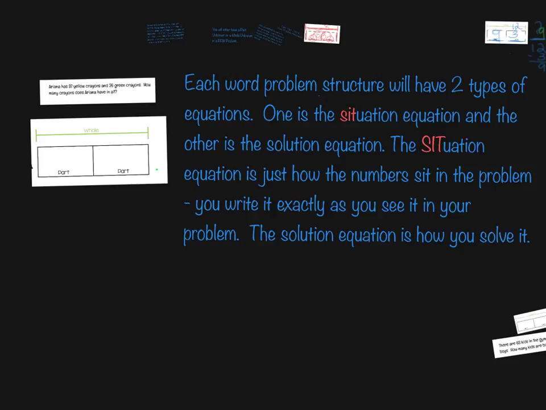Now, the situation equation, you see how Miss Ayala put it in red, the S, the I, and the T. The situation equation is just how the numbers sit in the word problem. You write it exactly as you see it in your problem. And the solution equation is the easy one. That's how you solve it. So you have two equations, the situation equation and the solution equation. Let me show you in the next word problem the difference between the two.